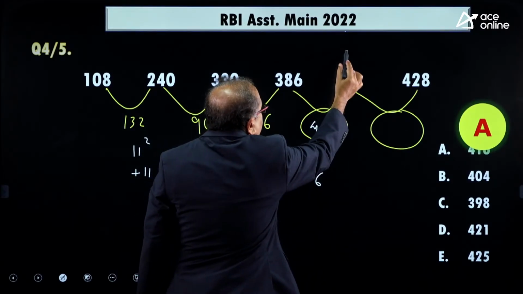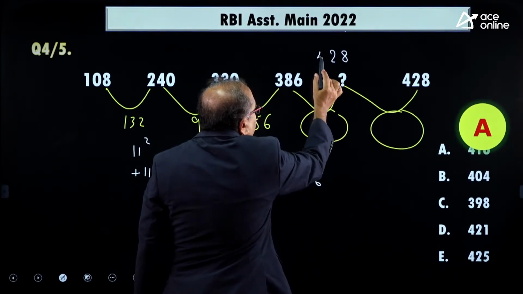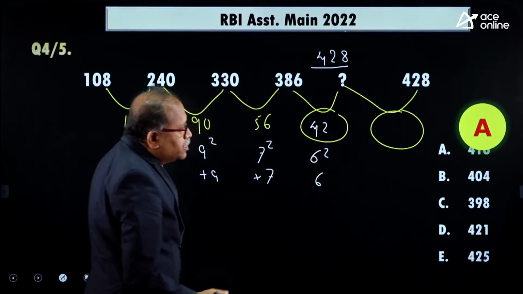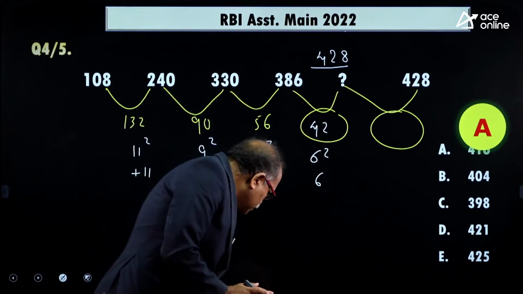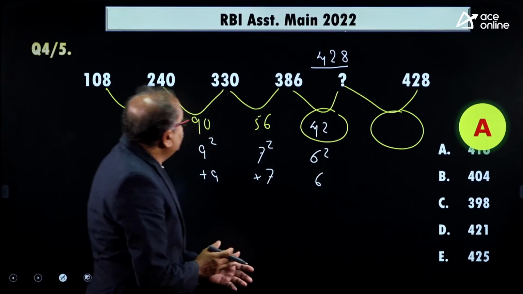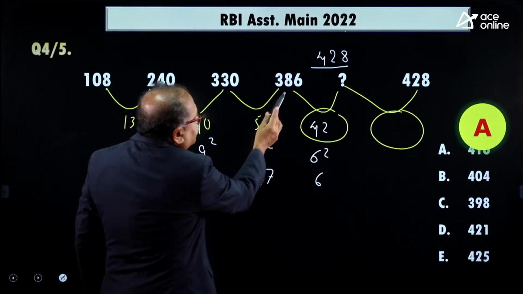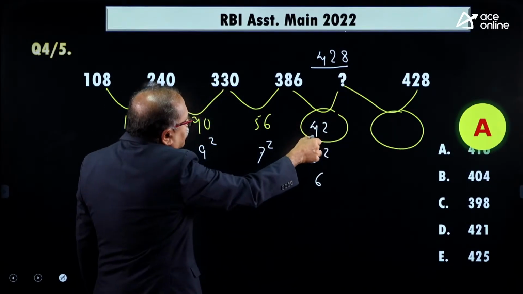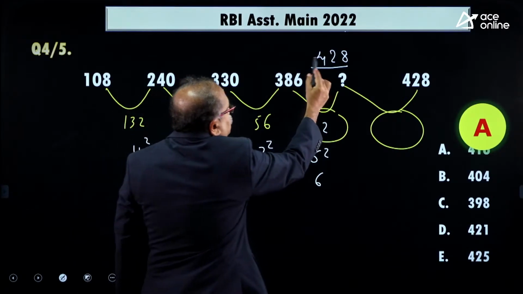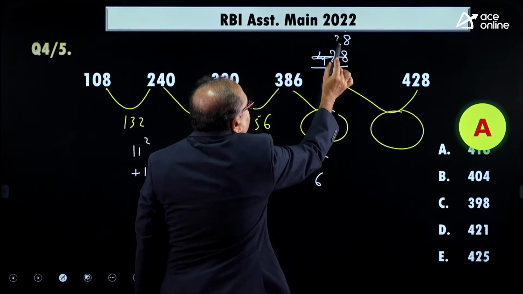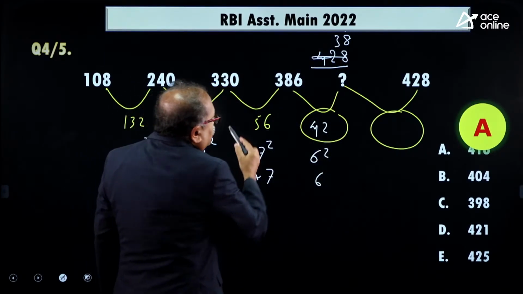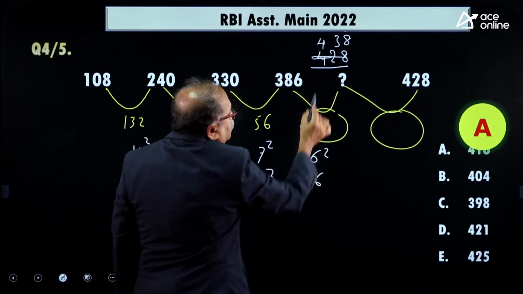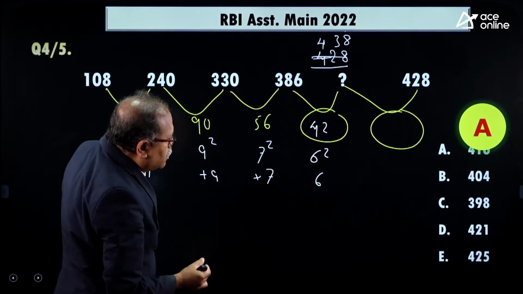So, you will be getting 8, 12 carry 1, 3 and 1, 4. 428, right, that is what you said, 400, we are adding 42, right. So, this is 8 and carry 1, then 12 plus 1 is 13, and 3 plus 1 is 4. So, 438.